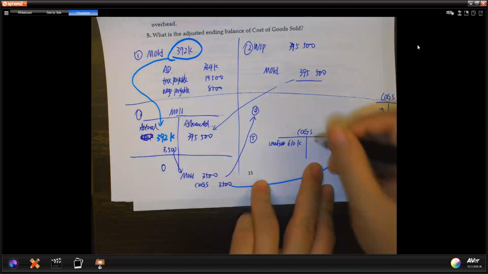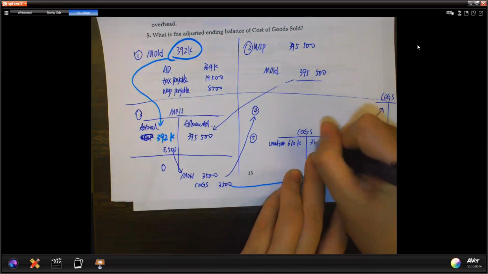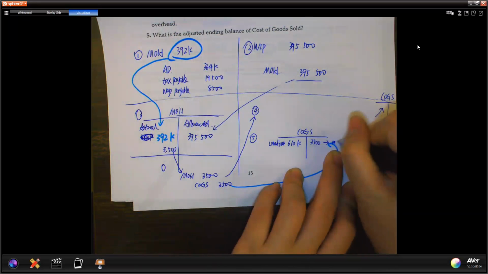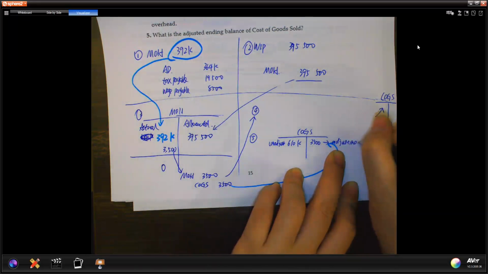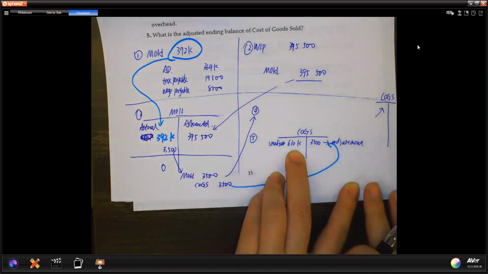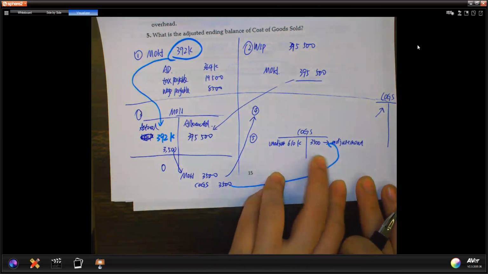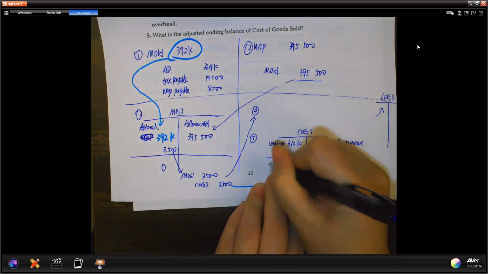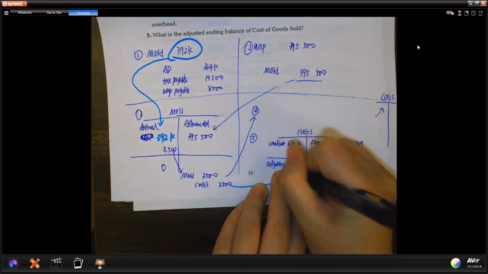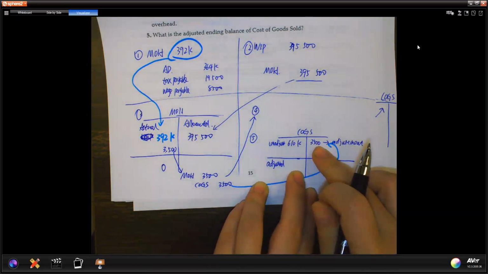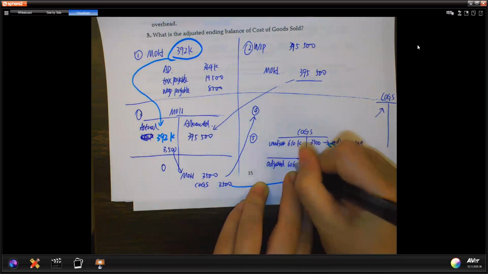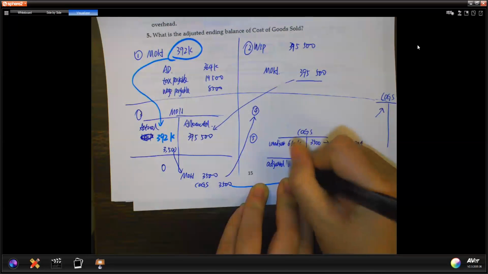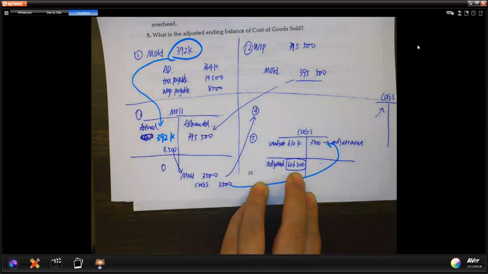So we have adjustment 3,500. So you debit 610,000, you credit 3,500. So your adjusted will be this minus this, right? This minus is 606,500. So this is your adjusted ending balance of cost of goods sold.